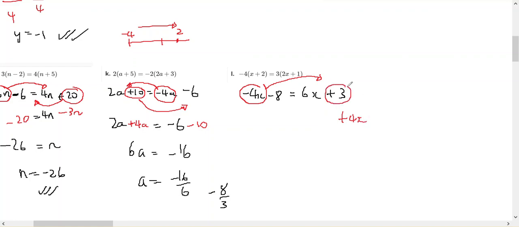I'm going to pick up that plus 3 and move it to the left-hand side, and it will become minus 6. So then I will have 6x plus 4x on the right, and I will have minus 8 minus 6 on the left. Notice that my minus 8 stayed as minus 8, but my plus 3 became negative 3.